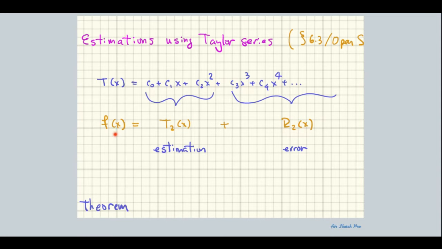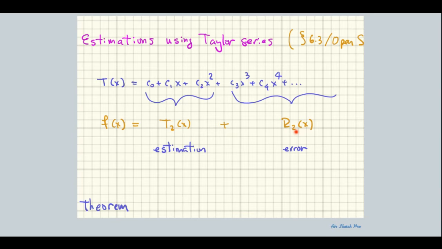And so the original function is going to be given by the Taylor series inside the interval of convergence. And that original function can be represented as the second or third or fourth or nth degree Taylor polynomial, which is going to be my estimation, plus everything else, which I then call the nth remainder.